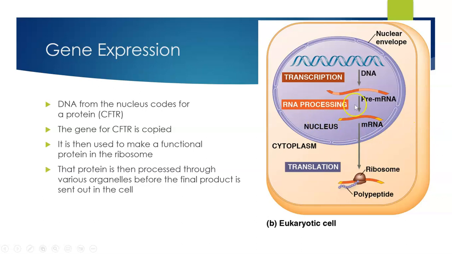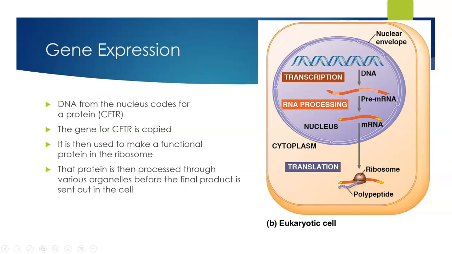Our DNA is housed in our nucleus, and that sequence for the channel protein is encoded in that DNA in a series of letters, 4 letters, that are read by the cell and used to make a protein.